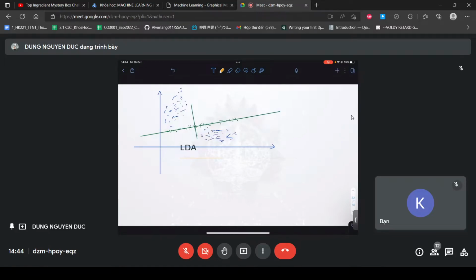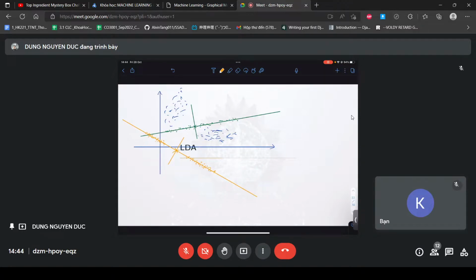Now let's say I'm choosing another projection, let's say here. Then when I project my data onto this dimension, this is where I have the data of class A, and this is the data of class B. And so now what you observe is that I can easily determine the classifier like this one. This is the cutting point.